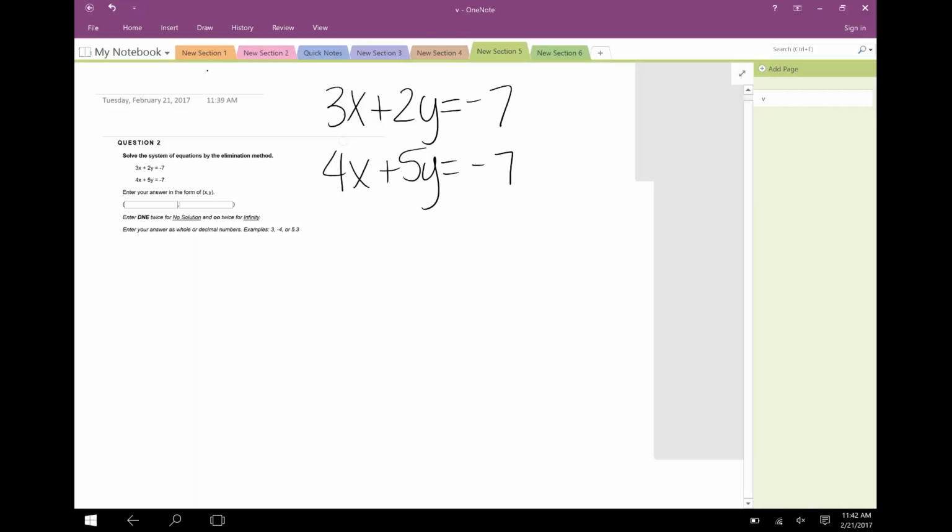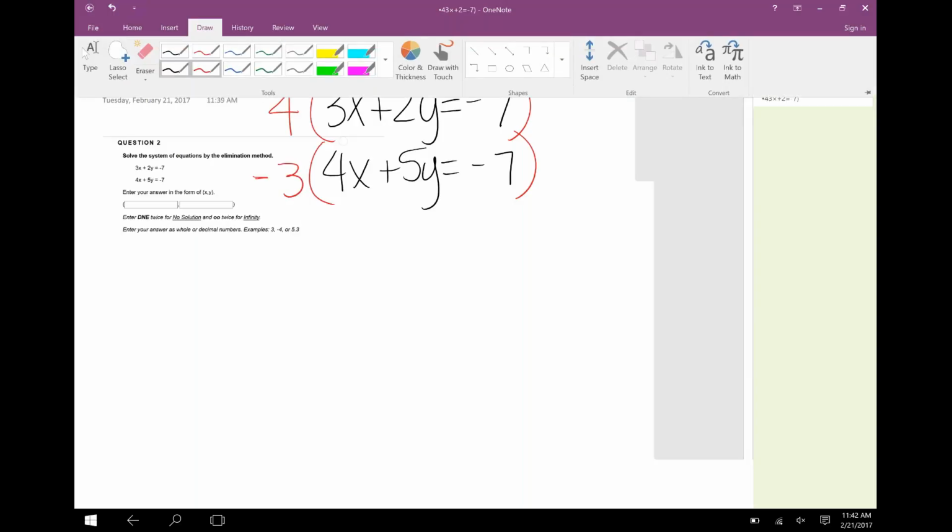I want to multiply each equation or one of the equations by some number that will cause my x terms to be opposites of each other. So to do that, I'm going to multiply the entire first equation by 4, and then I'm going to multiply the bottom equation by negative 3. Let's see what happens if I do that.